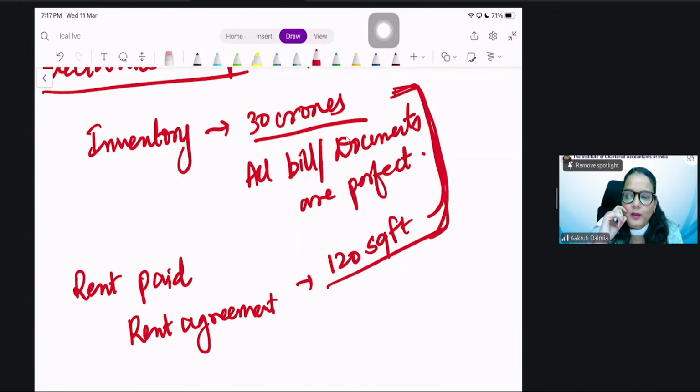Now do you think it's possible that in a small space, there can be a lot of inventory? So if they prove it to you, with documents, everything, can you accept it then? Yes. But most likely, it is possible that they can also receive goods on consignment basis.